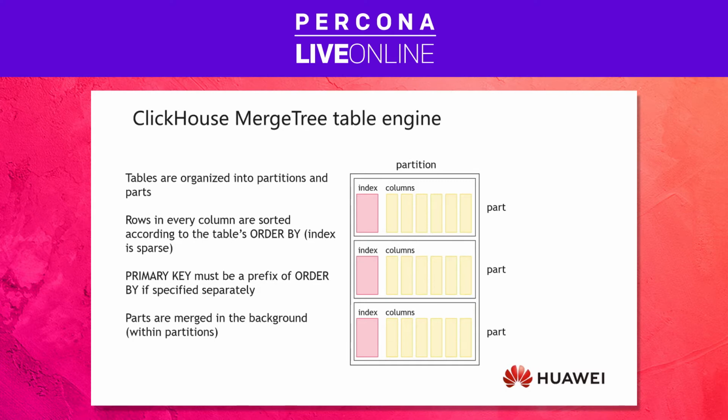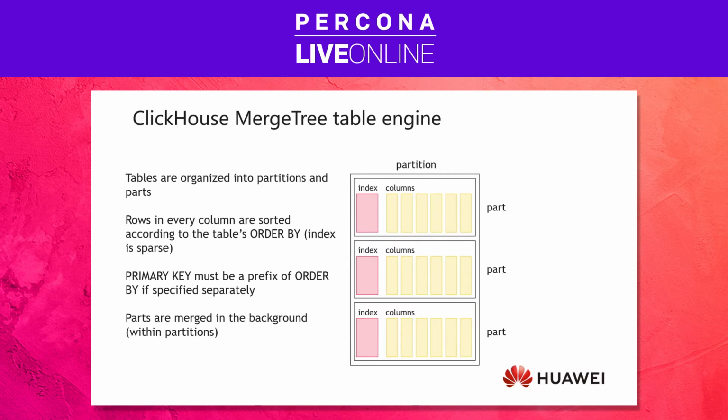Then this process keeps going until ClickHouse has determined that the part size is good, it's optimal, potentially creating just a single part within the partition. That depends on the number of rows and so on. So the tree part of the name is really about how these background merges combine chunks of your data in a tree-like process.